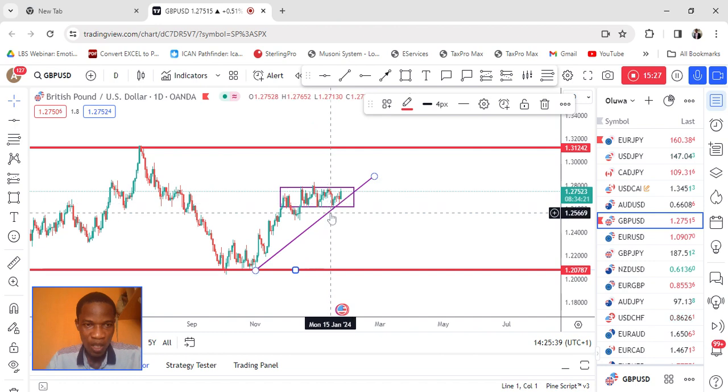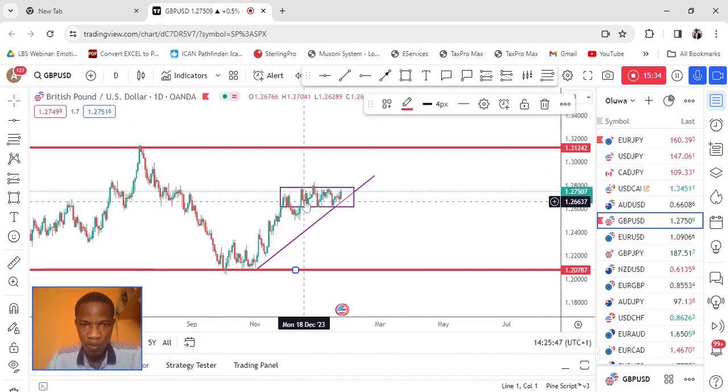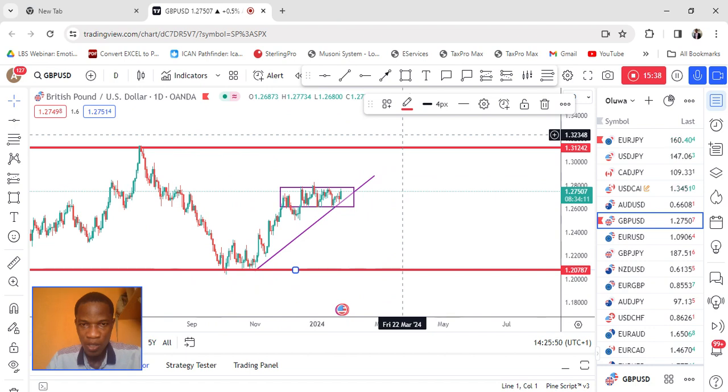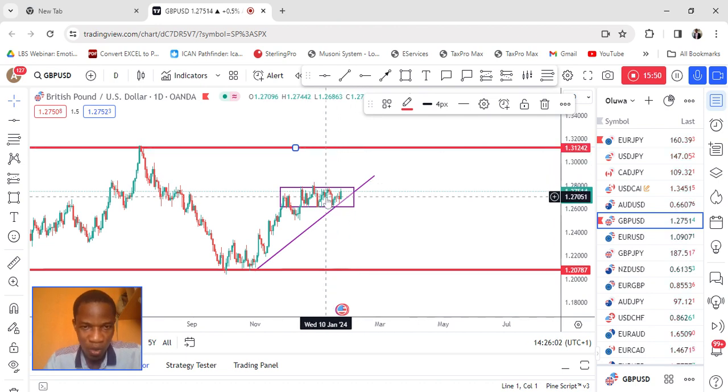It's still forming here because of a range, and you can see from here there was a breakout. So there was a break here up. So the market may likely still form another wing here to come to this place. As you can see, the best way to put your entry is when the market breaks this particular area.